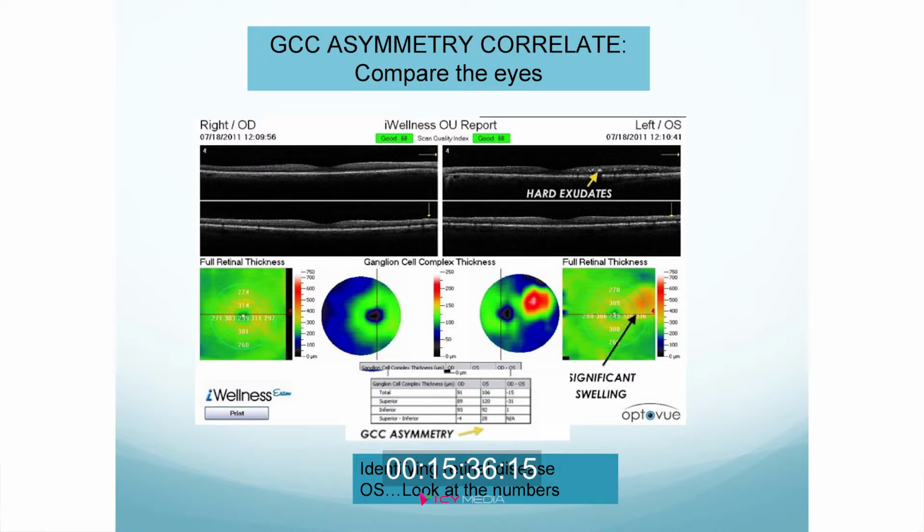And that's important, because if you were to go back 3 or 4 months out and look at the GCC again, or do another eye wellness scan, you can compare how the patient was at this point in time versus how they are then based on the numbers on the GCC scale.